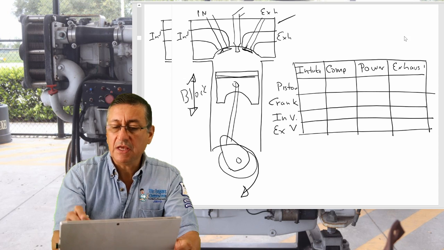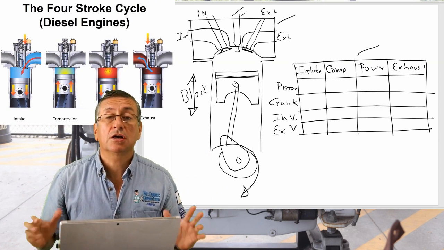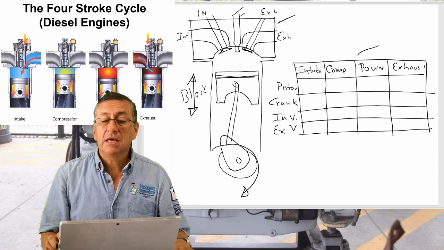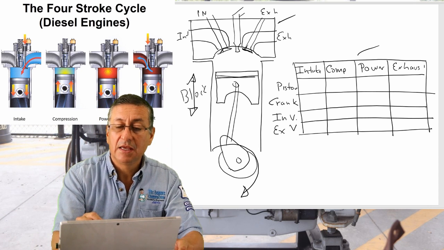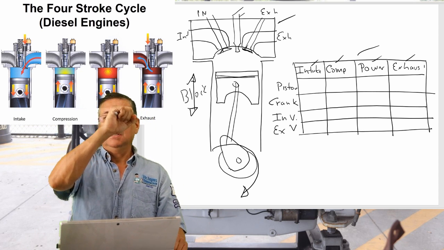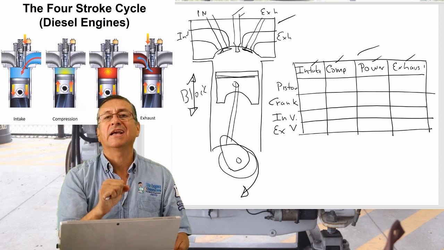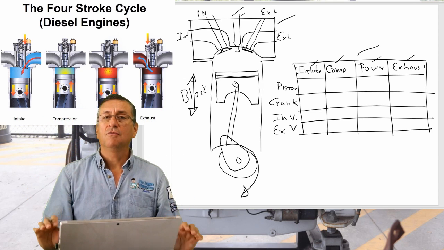And I prepared this table. In the table, I put the typical 4 strokes that you hear: intake, compression, power, and exhaust. Those are the typical 4 strokes.